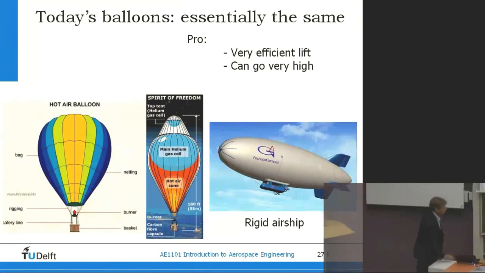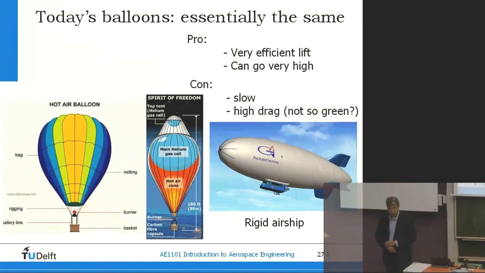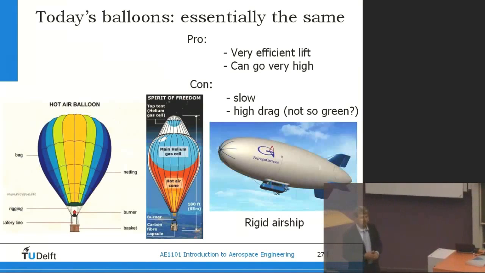It's often still, sometimes the airship is still mentioned as a very green way of transport, but as I think you noticed, with the high drag, it is not a very green way. If you want to travel, the amount of work that you need from the engine and also the emission or fuel that you consume is, of course, dependent on the force that you need to generate times the way that you travel.